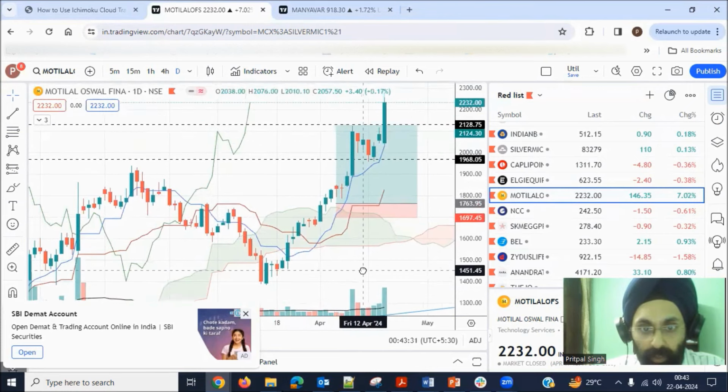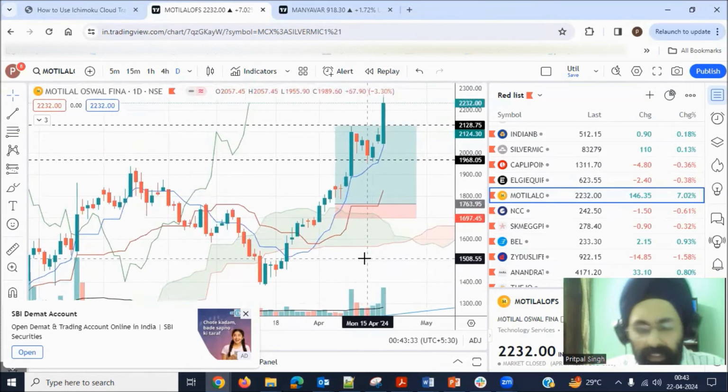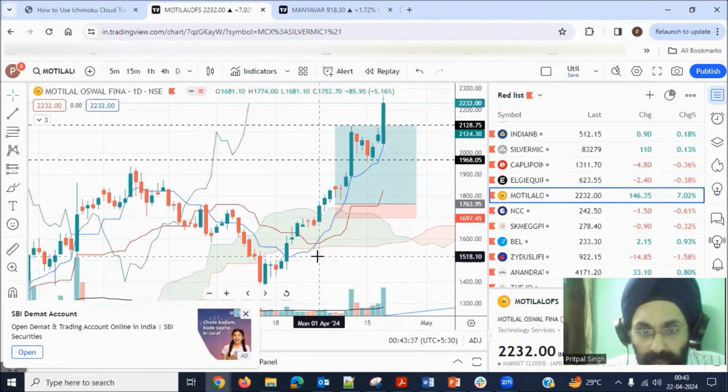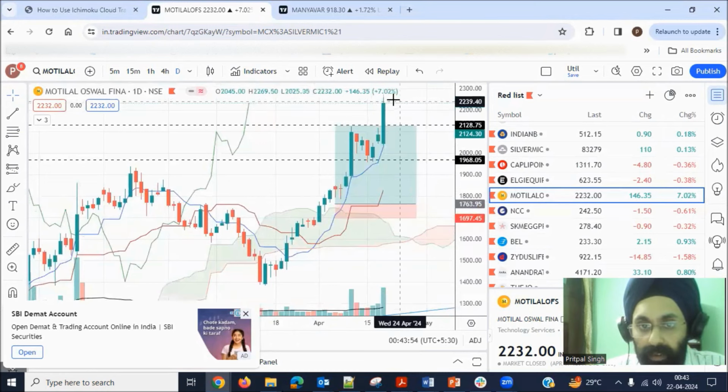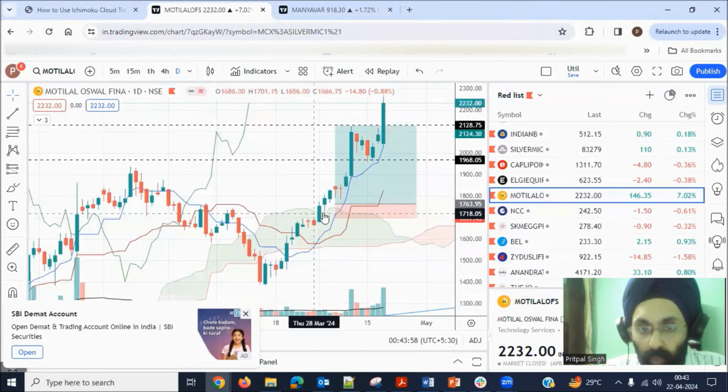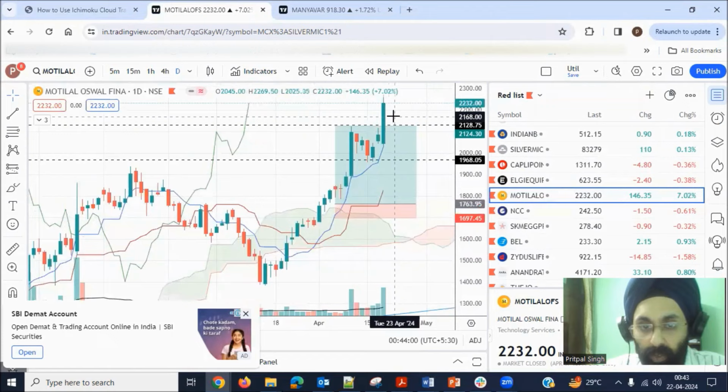It happens in many cases, but here it was a very good sign that within the very next day, along with the Ichimoku crossover, the cloud breakout also happened. So this was the confluence of two bullish signals at the same time, and that's why the price went so high in such a small time.